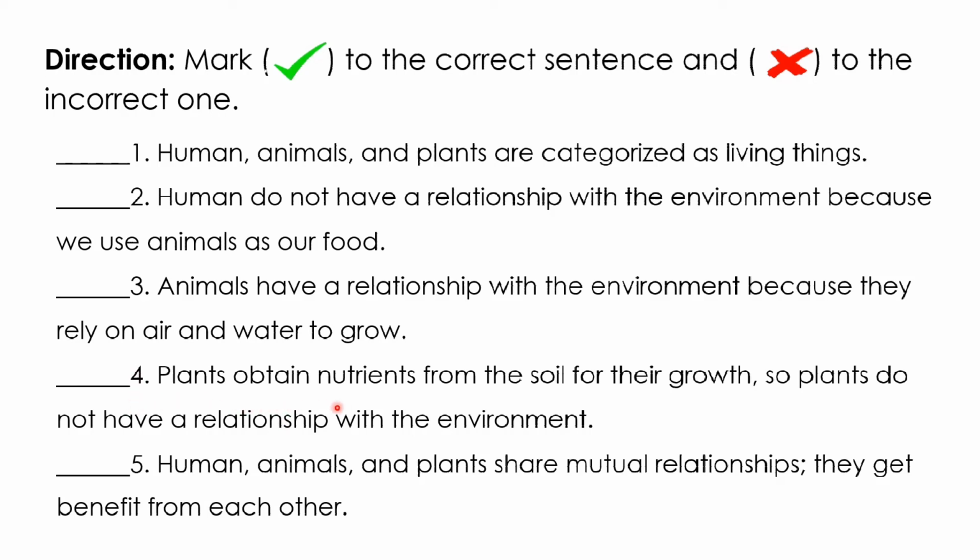Number 4: plants obtain nutrients from the soil for their growth, so plants do not have a relationship with the environment. Is this correct? For number 5: humans, animals, and plants share mutual relationships.